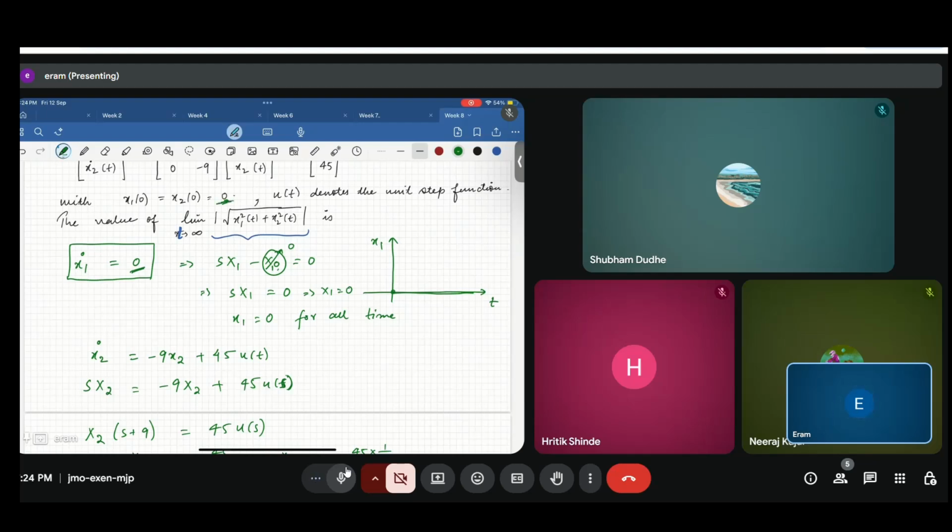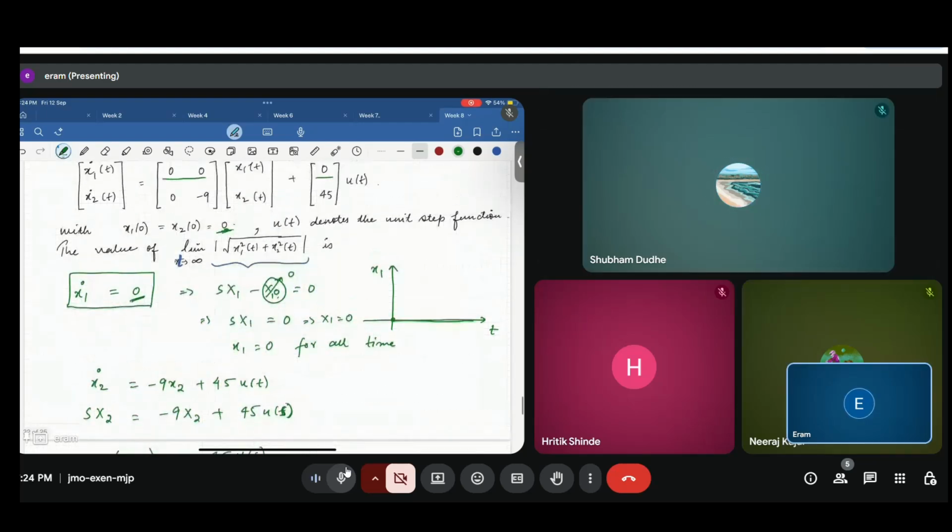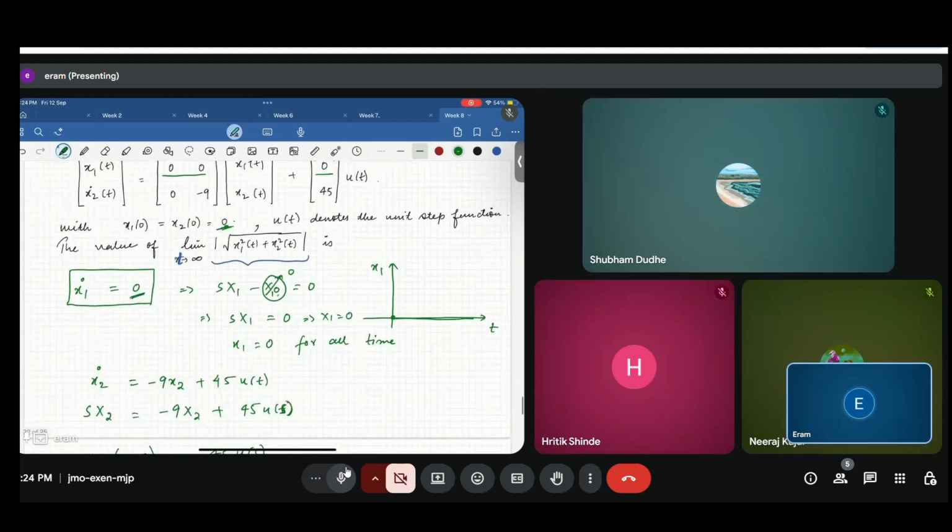So for all time you will remain at 0. Even if you go to t tends to infinity, you will remain at 0. If this expression was not 0, then you would get some x1, but here x1(0) is 0.